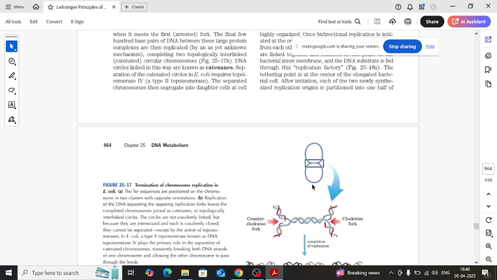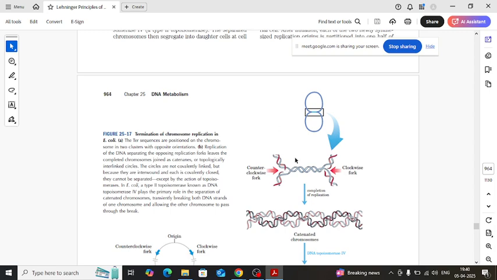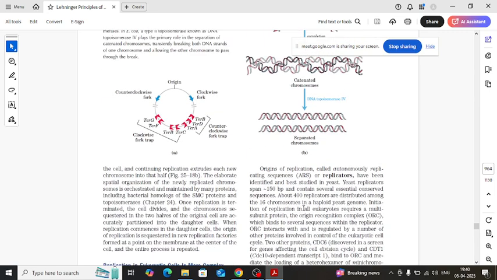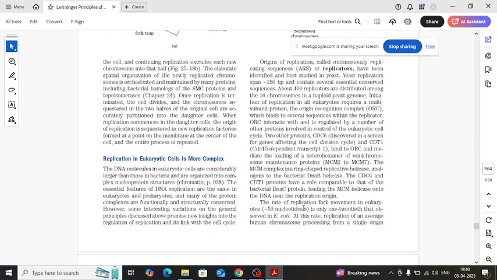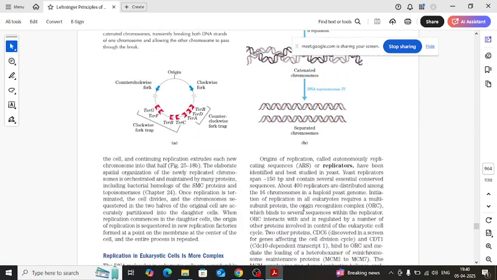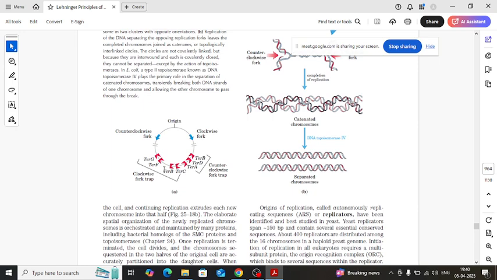For example, it will produce the two circular plasmids, right? So that is called the replication termination, right? And for the prokaryotes, suppose this is your oriC and there is one clockwise fork and one anti-clockwise fork.